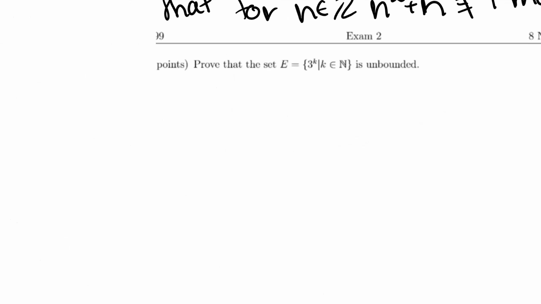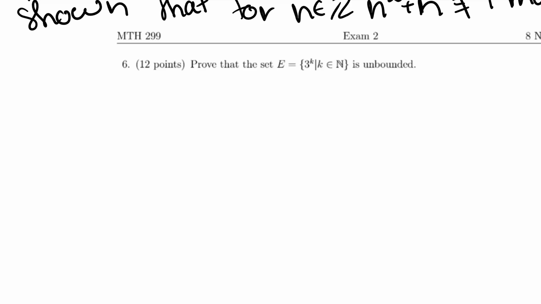And okay, prove that this thing is unbounded. All right. Okay, so what does it mean to be unbounded? It's always good to start with our definitions. So let's talk about what bounded means, because if you watch my videos, you know that I like to prove unbounded by contradiction.